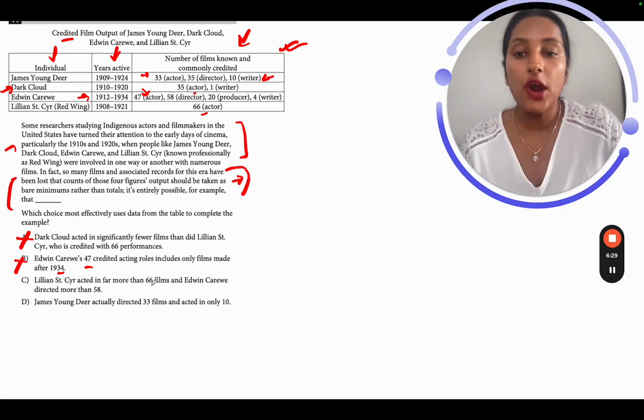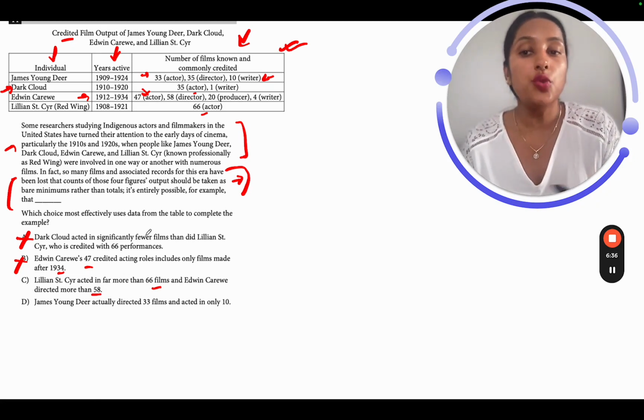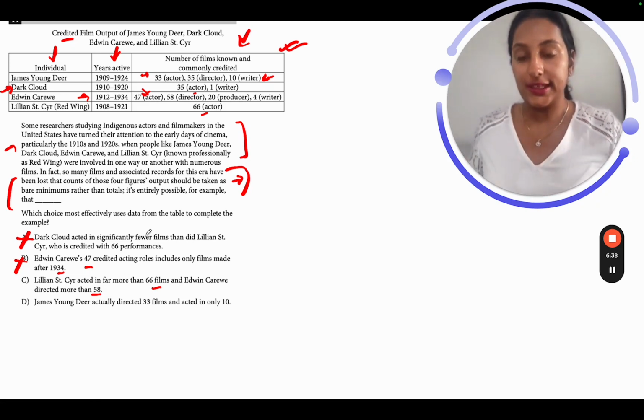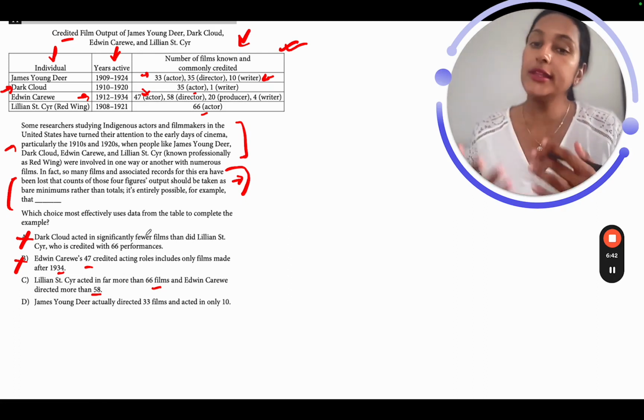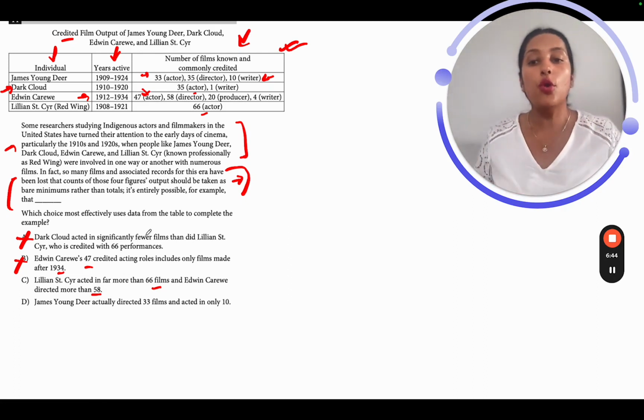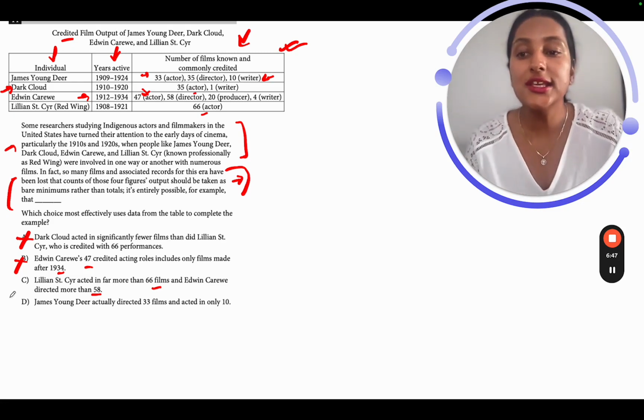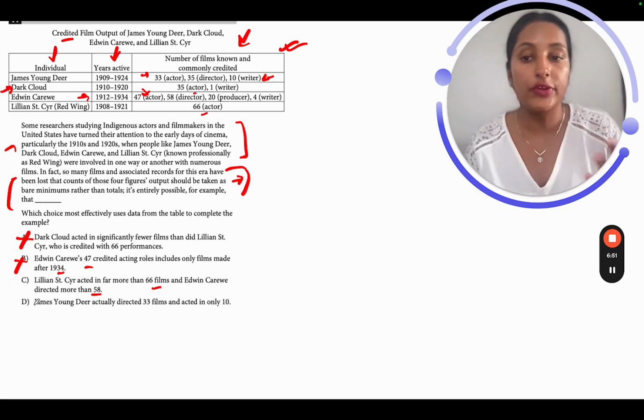C. Lillian acted in far more than 66 films and Edwin directed more than 58. This is definitely taking care of what I have been looking for, right? The example needs to show that the records show the bare minimum and that they have definitely been associated with more films. And C is definitely making sense as per the information given in the text and what we are looking for.